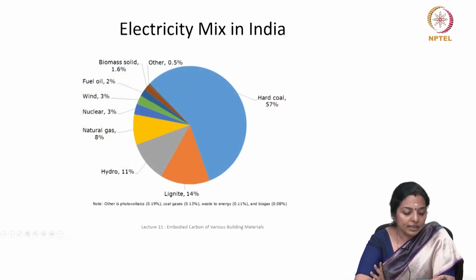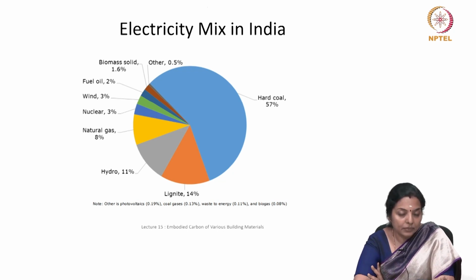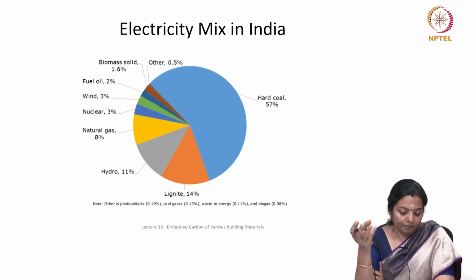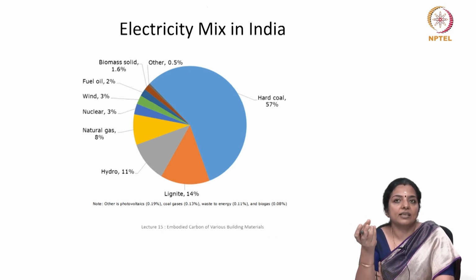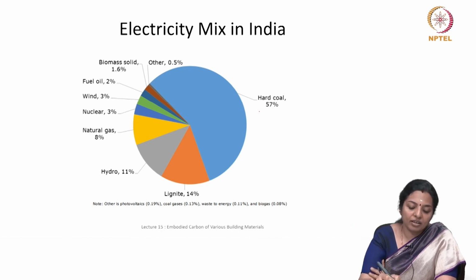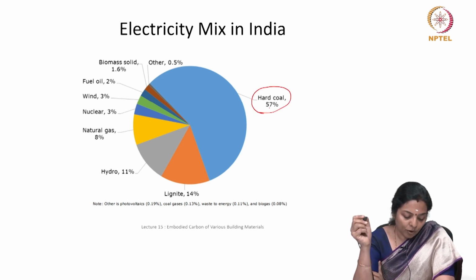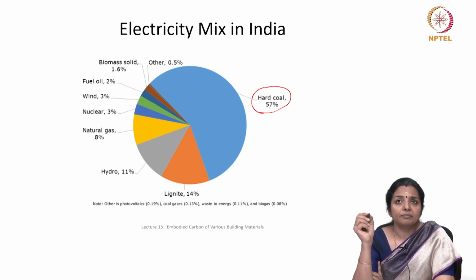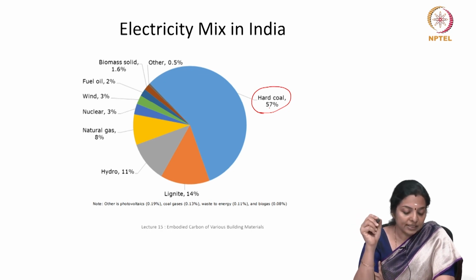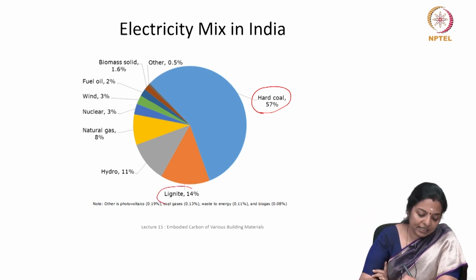Now let us look at which fuel contributes most. The electricity mix is dominated by hard coal, which contributes about 57% of embodied carbon. Next comes lignite.